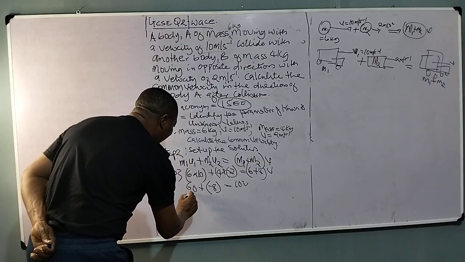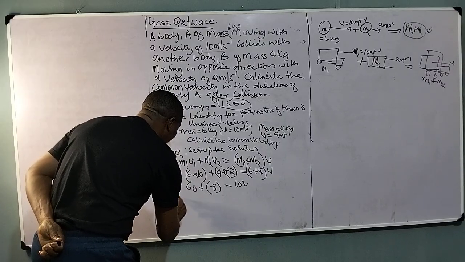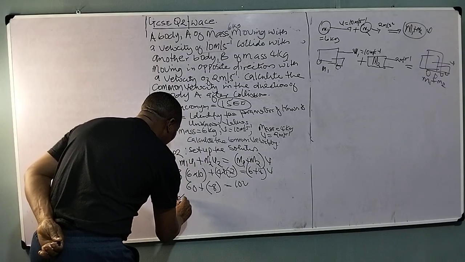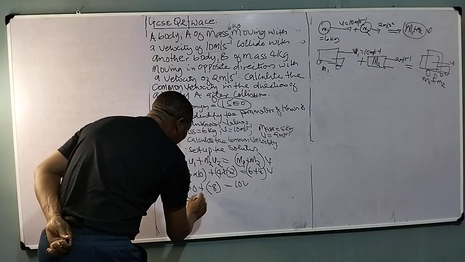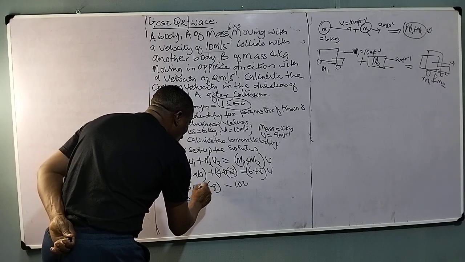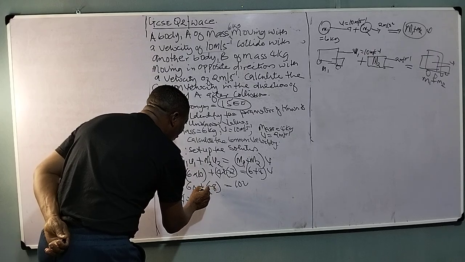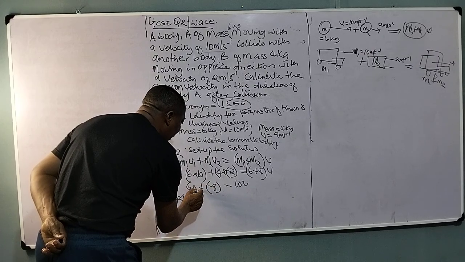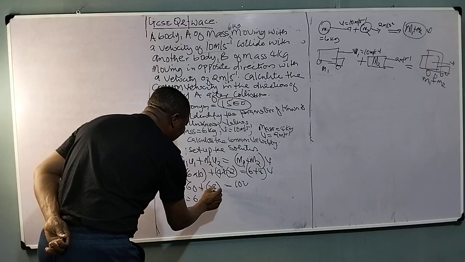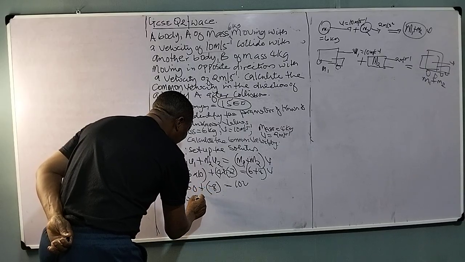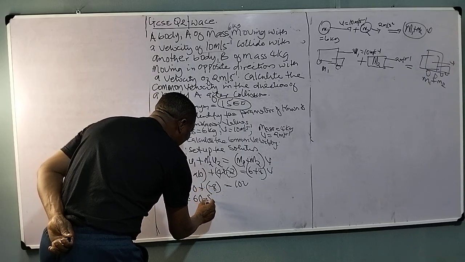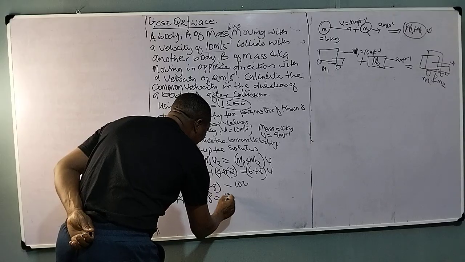At this point we have step 4. We have 60 plus, when you open the bracket, this minus 8 will affect the positive sign here. So this will come as plus times minus 8 is minus, 60 minus 8 equals 10V.